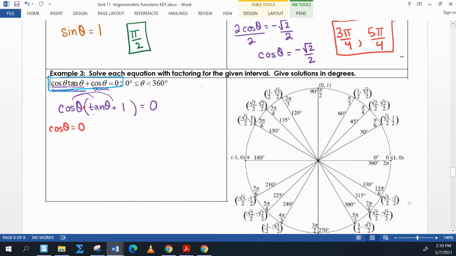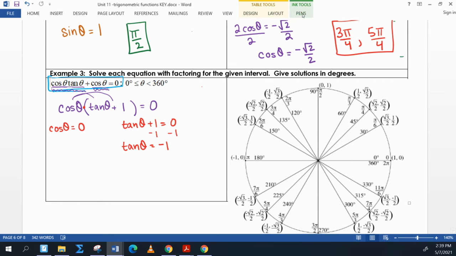But it would also work if this tangent of theta plus 1 is equal to 0, because 0 times anything is 0. And then you just go through and solve. Now this one's already solved. Cosine theta is equal to 0. It's already solved for my cosine theta. Over here, to get my tangent of theta by itself, I just want to subtract 1 from both sides. So I know that my tangent of theta is equal to -1.